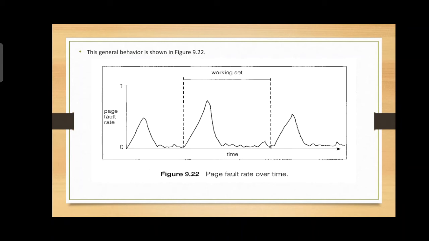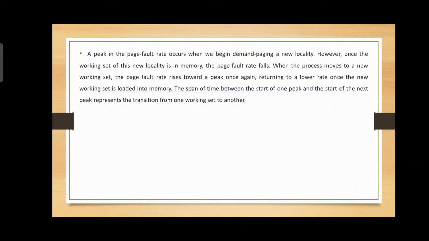Then, when the process moves to a new working set, the page fault rate rises toward a peak once again, returning to a lower rate once the new working set is loaded into memory. The span of time between the start of one peak and the start of the next peak represents the transition from one working set to another.